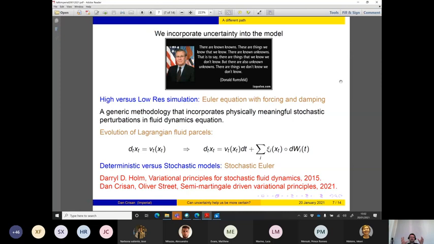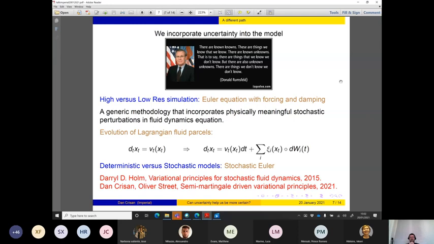So rather than trying to make this deterministic model more accurate, you'll say, okay, we're going to accept the fact that you're never going to be able to get this deterministic model precise and completely accurate. We're going to incorporate stochasticity in order to model this uncertainty.